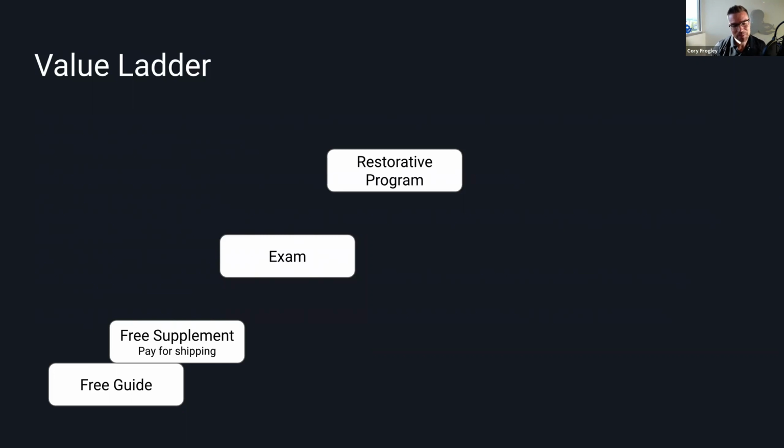Is that worth what you're going to get back in your ROI from that new patient? So if we can come up with something like that where they just pay for the shipping, so they're putting in their credit card, that money's going into your bank account, $5 for the shipping and handling, and then they get the free supplement. Now we're in business because they've bought something from you, they've engaged. Now the next level, and again, a patient can go from the free supplement right into an exam process.